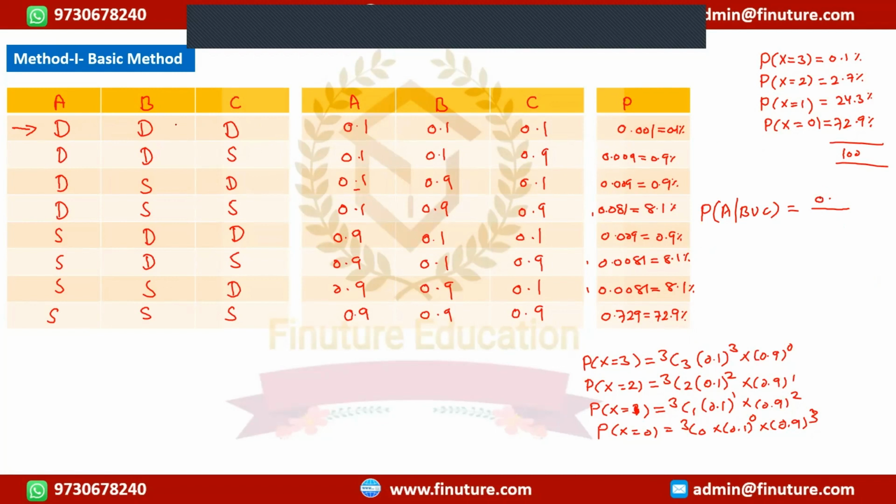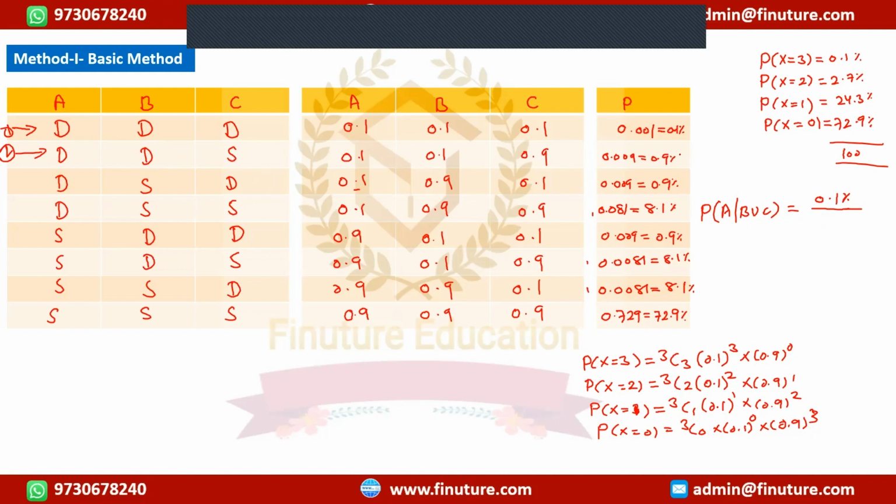It's just one possible favorable outcome that you're interested in. The probability of that is 0.1%. And in the denominator, you have all the possibilities wherein the first two bonds have defaulted. So these are the two possibilities.